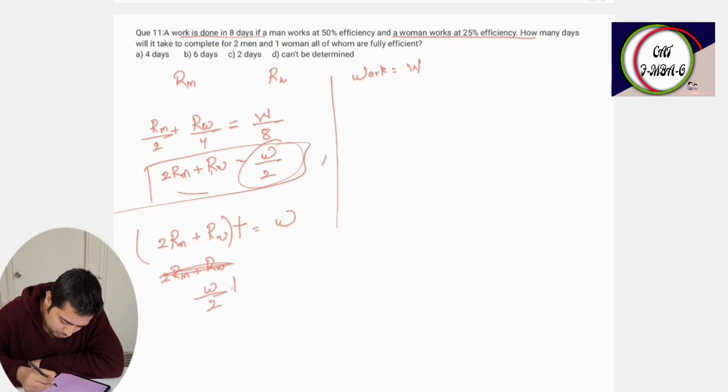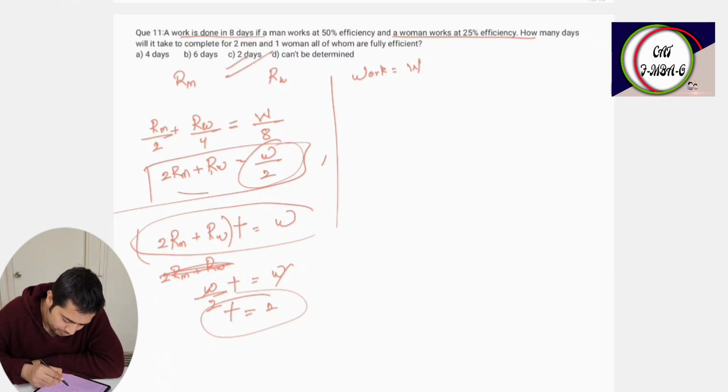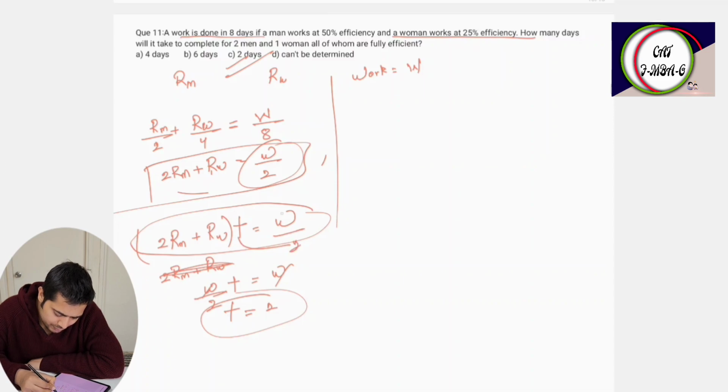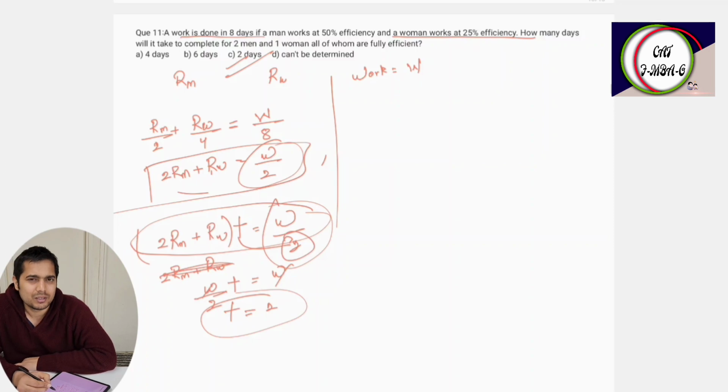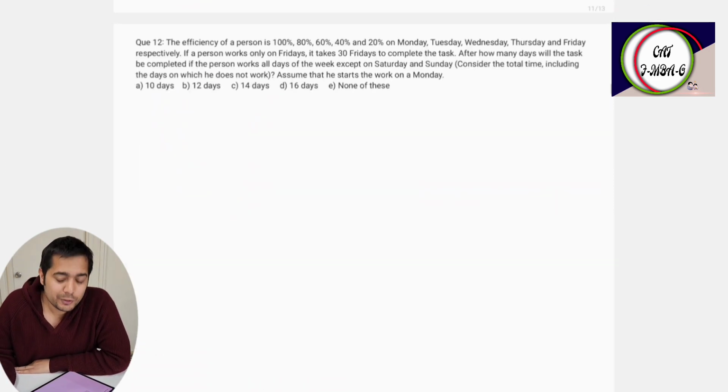So W by 2 into T is equal to W. T is equal to 2 days. Or from here you could have directly solved it. Take T here, W by 2, so directly 2 days will be the answer. I hope you got it. Let's move to the next question. Question number 12.